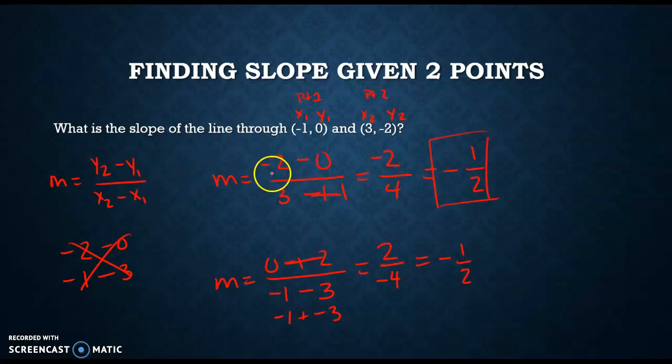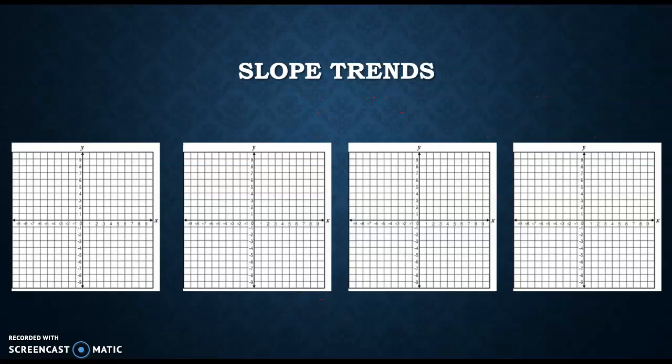So I have to match my points up vertically. One way you could set it up is to take your points and put them y over x, and then y over x, and then just put subtraction in between and a fraction bar, and you've got your setup for your slope. Just FYI.